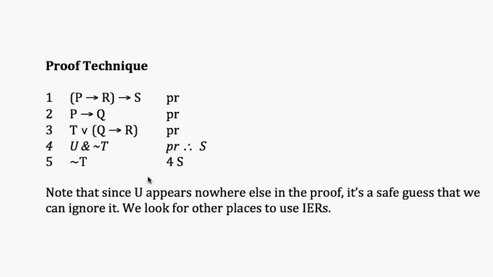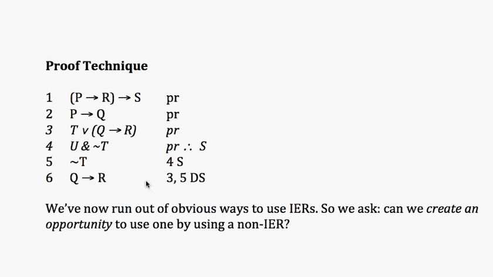Now we look for other places to apply information extracting rules, and if you look here, you should see among the things that are left over that we can actually use disjunctive syllogism. We can take line 3 and line 5, sorry I should have italicized that, and using them together we can get Q arrow R. So that comes from 3 and 5 by disjunctive syllogism.